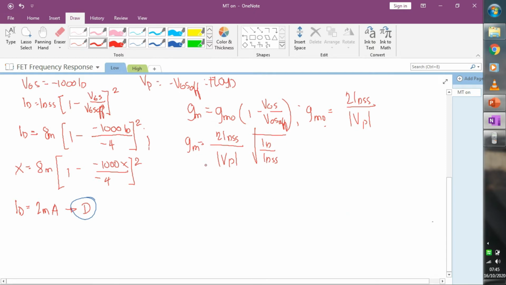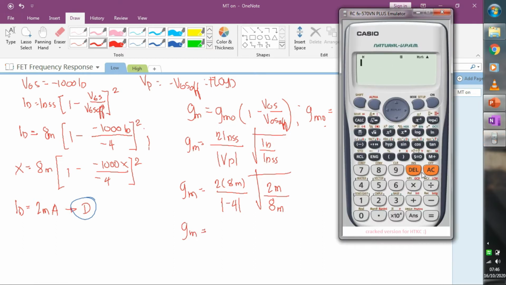Okay? So that formula was derived using Shockley's equation. So, GM is equal to 2 times 8 milli all over the absolute value of negative 4 times the square root of ID, which is 2 milliamperes, all over IDSS, which is 8 milliamperes. And from that, I could compute the value of my GM.